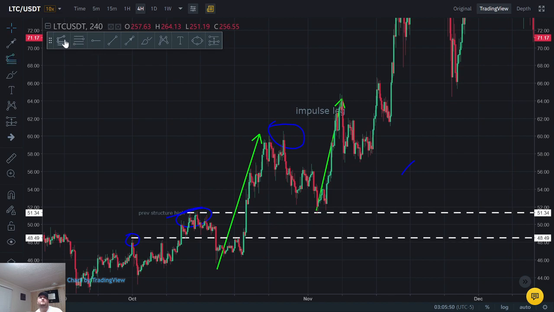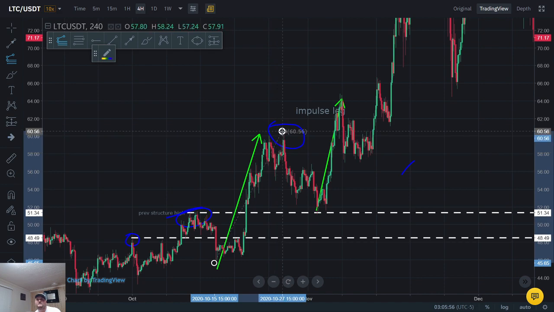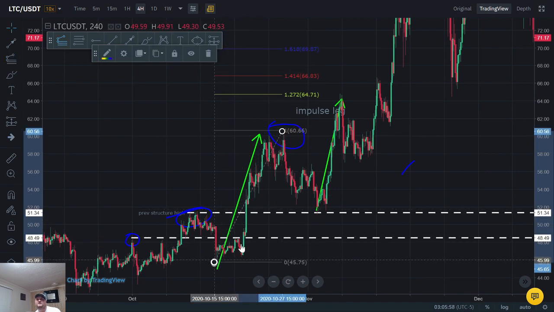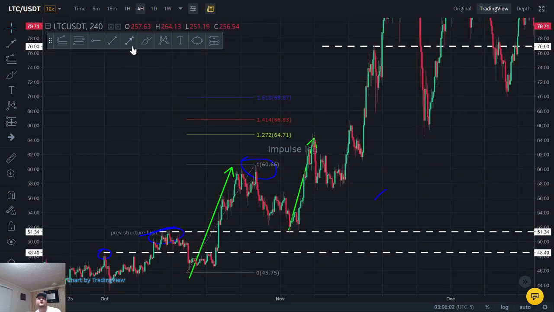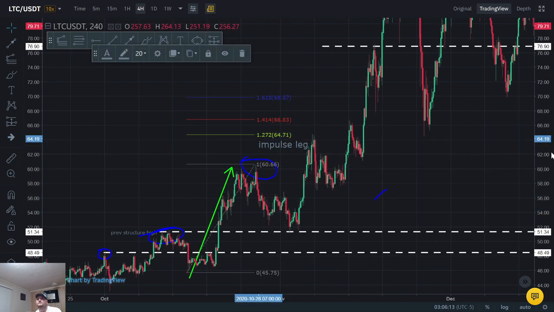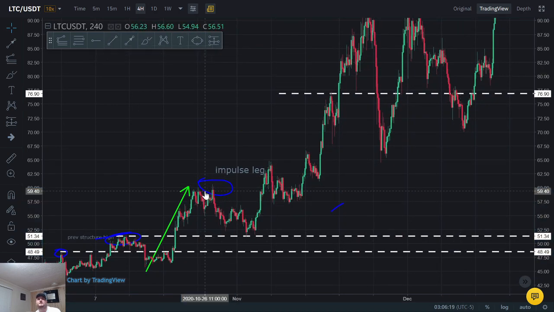And if we were looking for extensions here, we would look for the retest of the high, the 127 and the 61.8. And we can see that we exploded and we didn't take profit nowhere, right? That's what it looks like. Alright, so then we would just do it all over again.